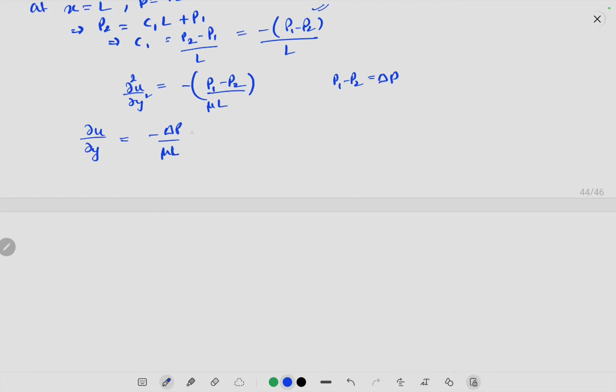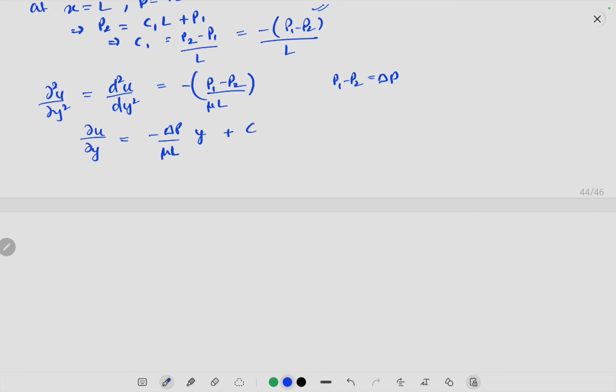So integrating it once will give me a y plus, now since u is a function of y only, I can write del square u by del y square as a complete derivative, d square u by dy square. So we don't have to worry about the constant as a function of other variables like x and z, because this is a complete derivative.